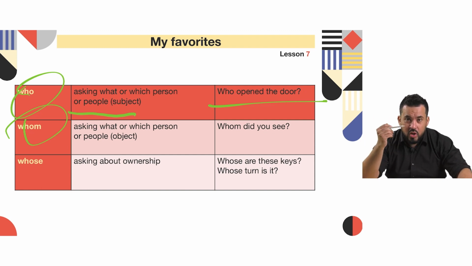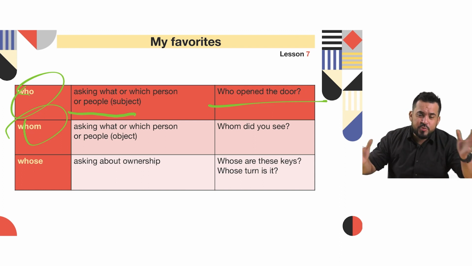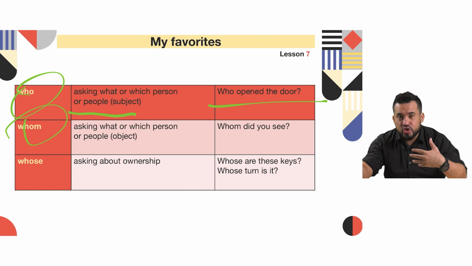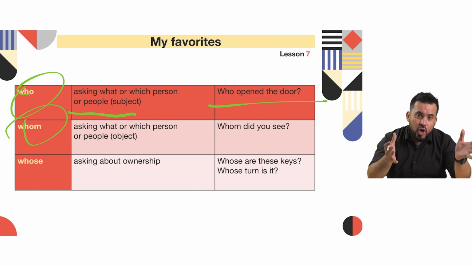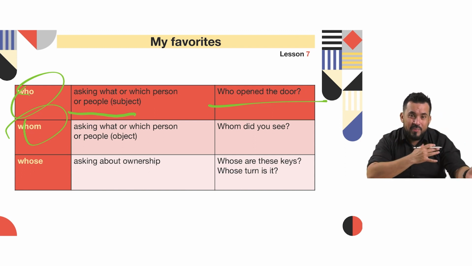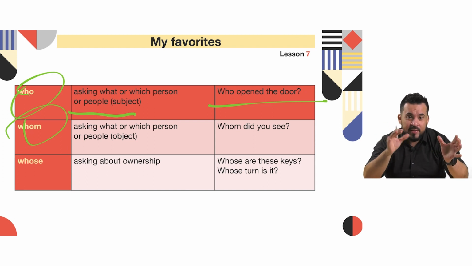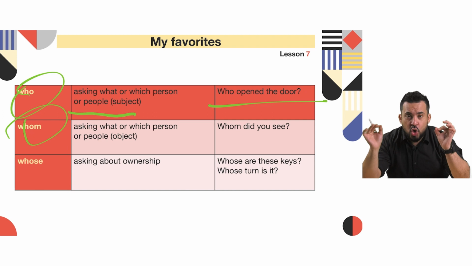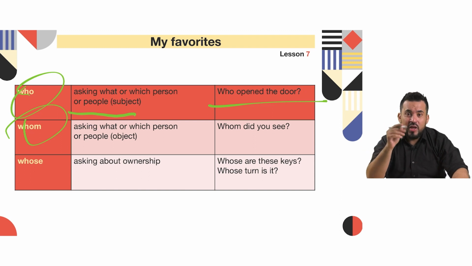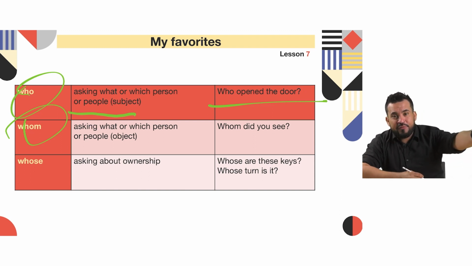Whom is asking what or which person or people. Okay, what's the difference between who and whom? Who is used for the subject, whom is used for the object. For example, when you say who, you have to imagine he. Who means he. We're asking about he or she, a subject. But if we ask whom, then we are asking about an object. It means him or her. Let me give you an example. If I say, who left this here?